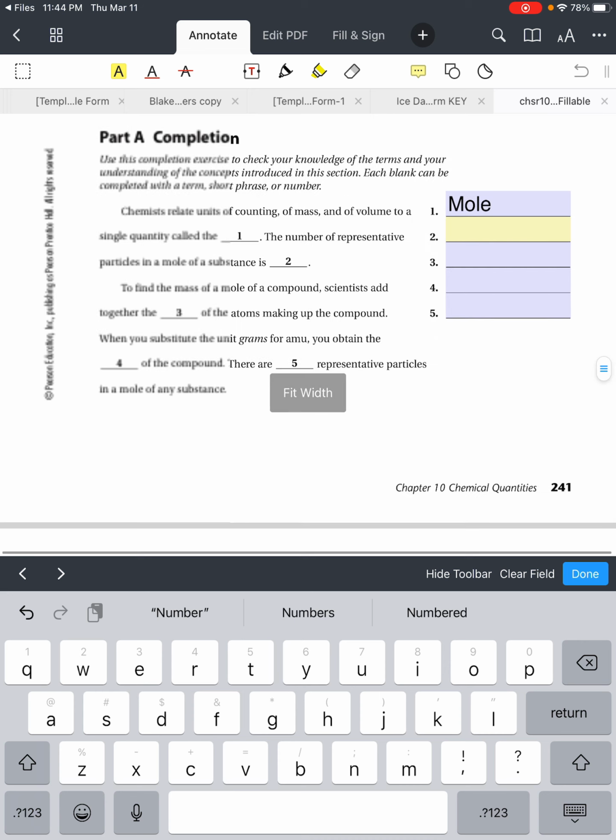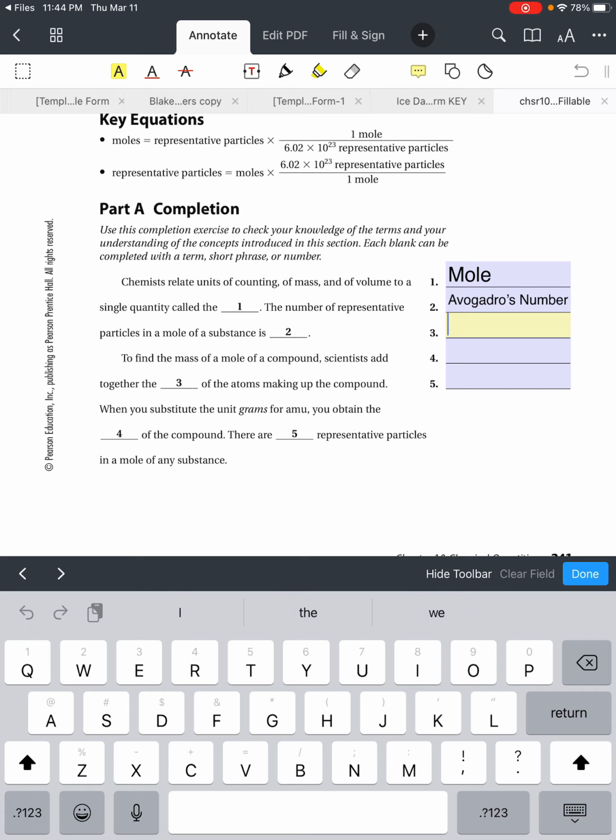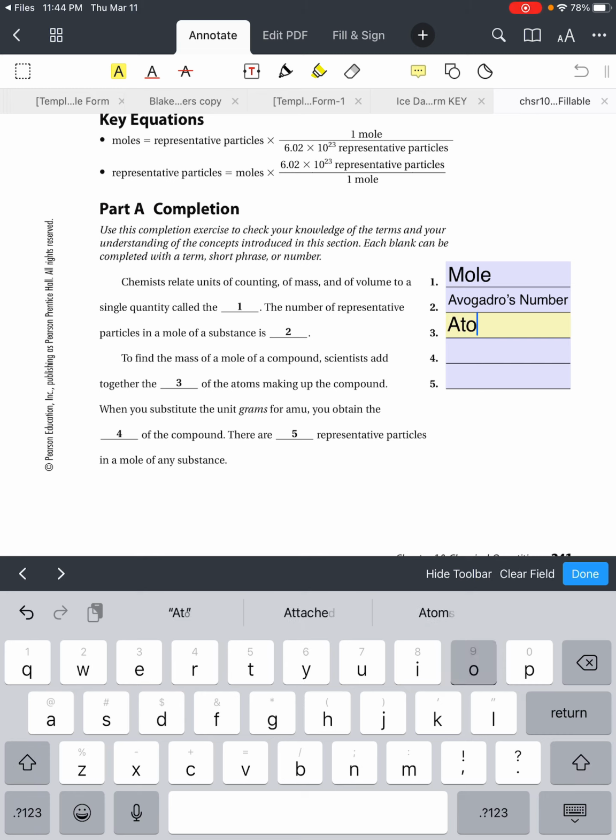And to find the mass of a mole of a compound, the scientists add together the atomic masses. Those are the big numbers, frequently red or a different color, in each box of the periodic table for each representative atom.